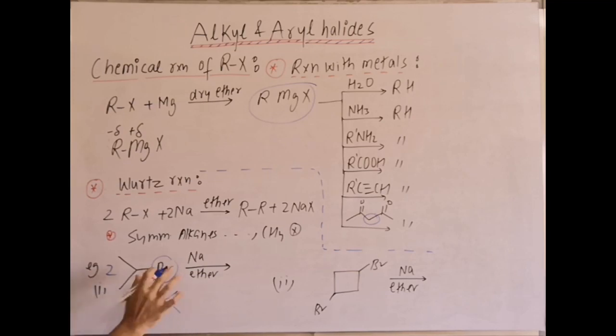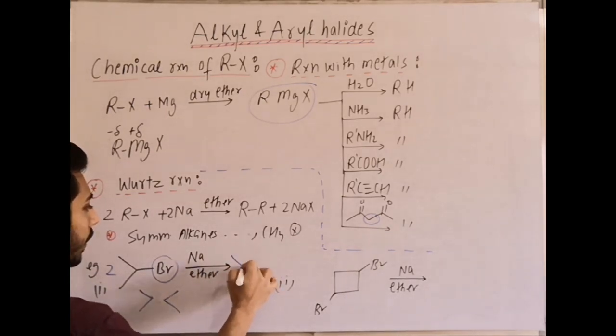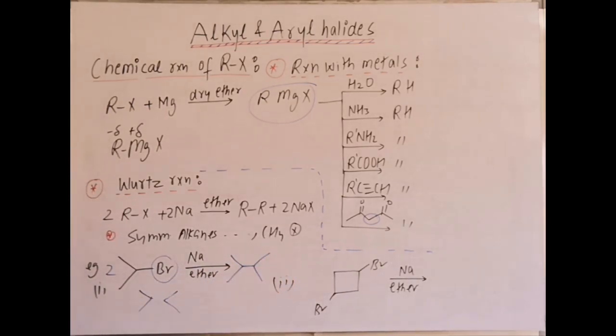Both are possible. In short, R combines with R, and when they combine the product will be this one, because Br leaves, and for the sake of getting the answer we can simply think that radicals, if formed, undergo bond formation. Are you getting it? Or the other point, one carbanion is formed, it will attack the other alkyl halide just like an SN2 reaction.